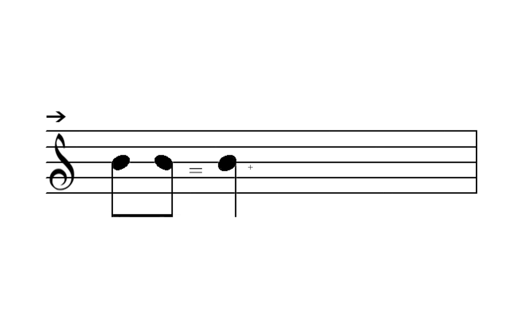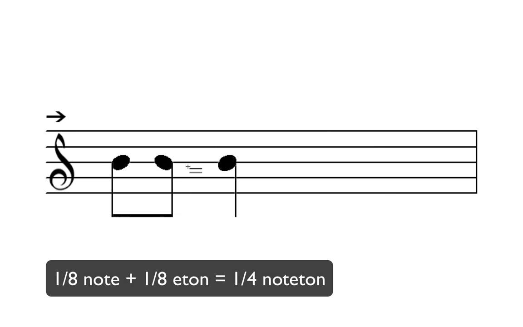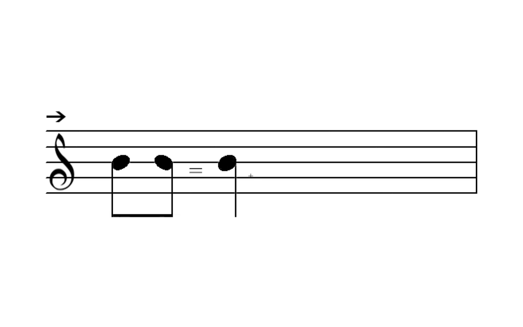That's the reason why you see the note and the E-tone on the same line, and the same duration, or time value. That means both record motions have the time value of a 1/8. So when we sum 1/8 plus 1/8, we obtain a quarter, and now this is the symbolistik of a quarter noted tone. So a quarter noted tone consists of a 1/8 note and a 1/8 E-tone. So this is clear. Okay.